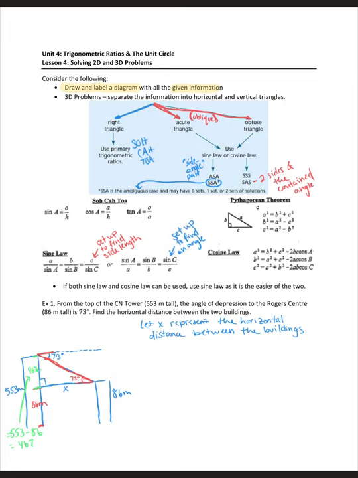All right, so now we have a triangle where we know an angle and we know a side length. It's a right triangle, so we should want to use our primary trig ratios. I'm dealing with my opposite side and my adjacent side, so I'm going to set up for tangent. I'm going to say the tangent of theta is equal to my opposite side over my adjacent side. So we'll plug in what we know here. My theta in this case is 73 degrees.